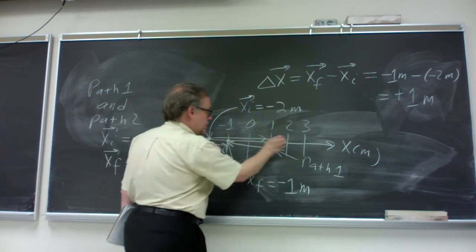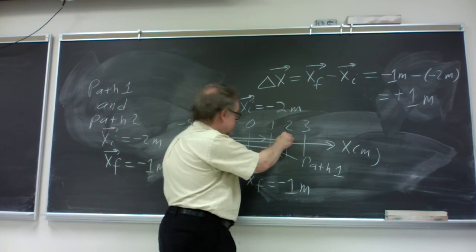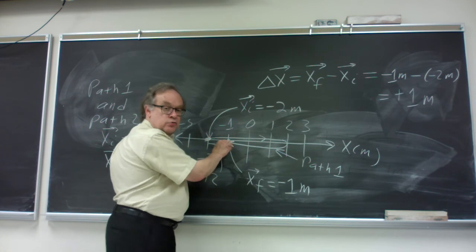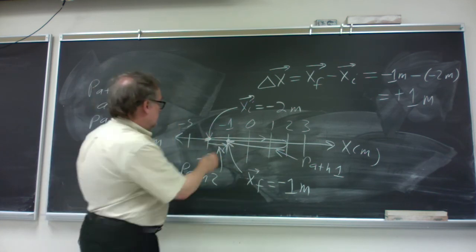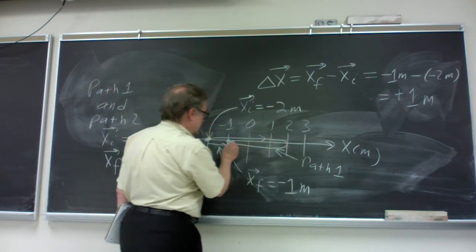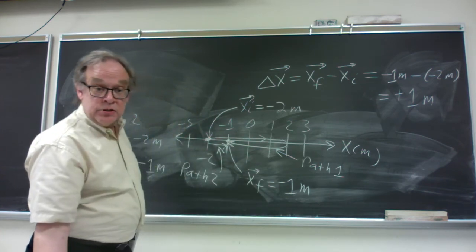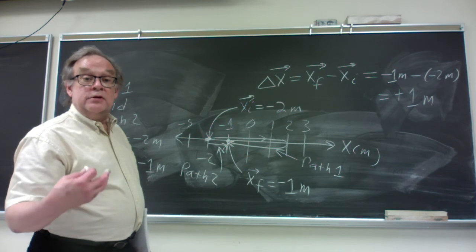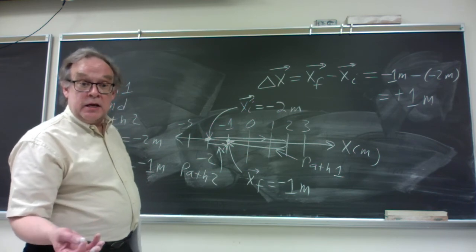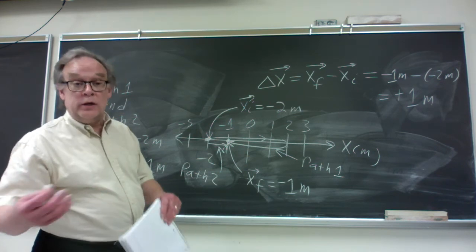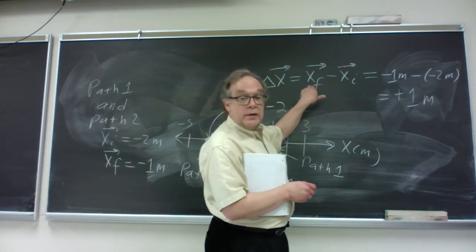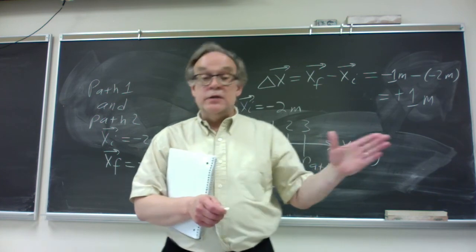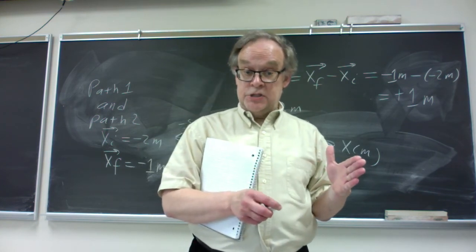So we get from here to here, the bug travels 4 meters. And then to go from here to here, the bug travels another 3 meters. Total distance traveled along that path is 7 meters, very different from this path, and yet the displacements are the same, because the displacements depend only on where you end up and where you start. They don't depend at all on what happened in between the start and finish.